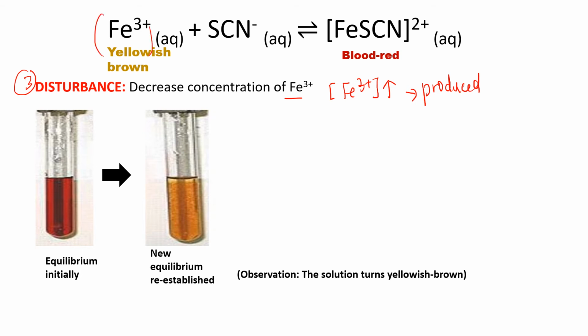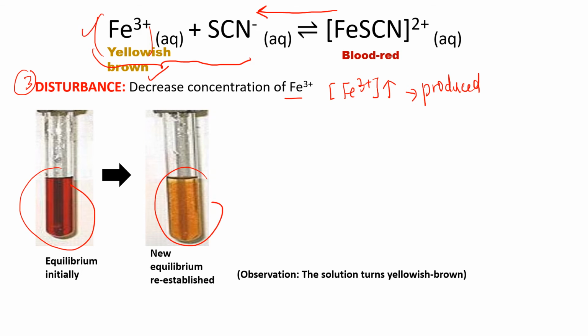The equilibrium position will shift to the left. So when it shifts to the left, you'll produce more Fe3+ and SCN-. So once you produce more Fe3+, the color now changes from the blood red color to yellowish brown. Fe3+ is a yellowish brown. So this is the observation from the experiment.